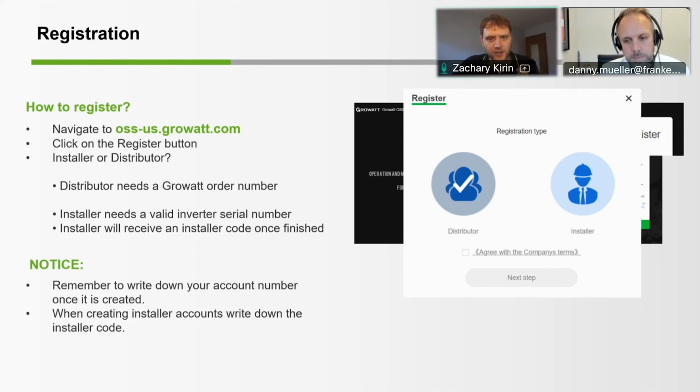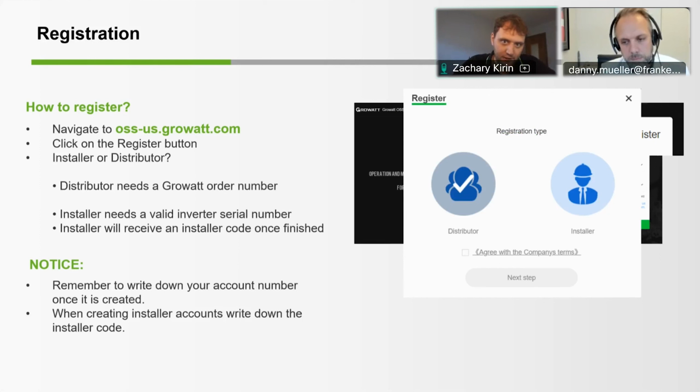This is a little bit about the page. When we're registering for the site, again, we'll pick either a distributor or installer account. And then remember to write down the account number which has been granted to you once it is created. Very important. We want to make sure that we always have the account number on hand in case we forget to save it somewhere or we didn't click on a certain option to always log in.